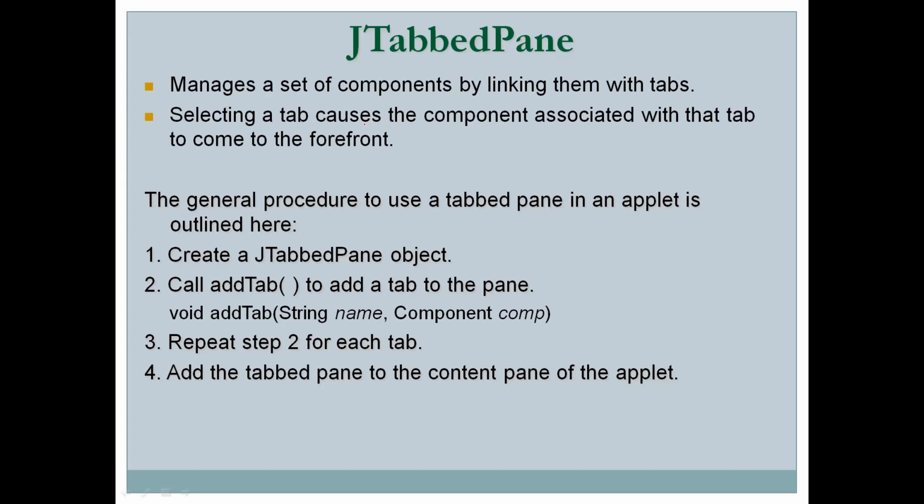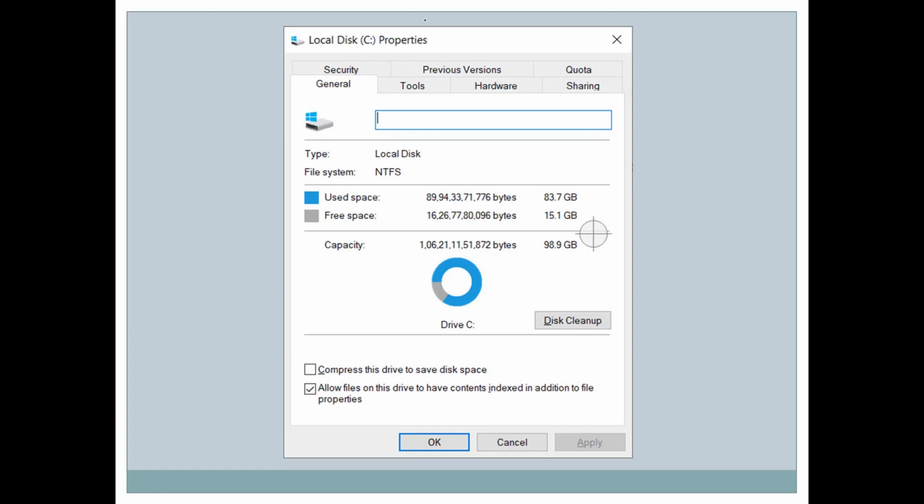Selecting a tab causes the components associated with that tab to come to the forefront, as I have shown you in the example image. When I click on the general tab, the components associated with the general tab are displayed. If I click on some other tab, say the tools tab, the components associated with tools come to the forefront and are displayed. Same way for hardware and other tabs.